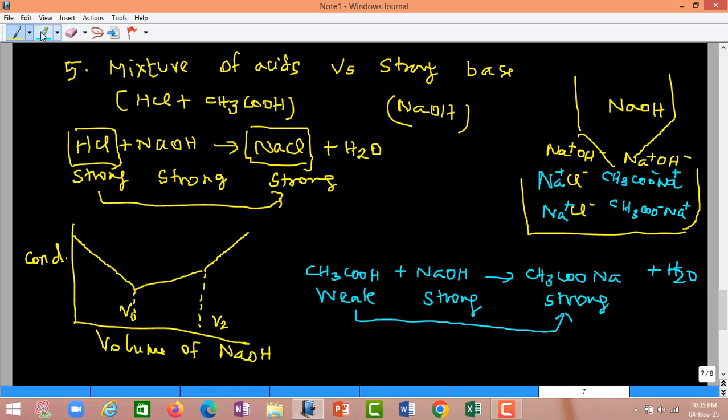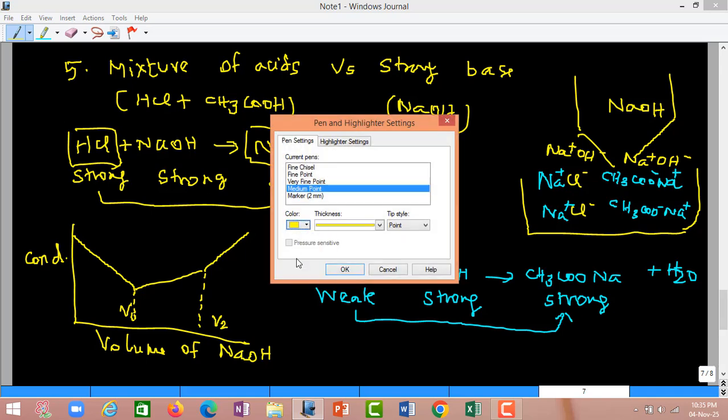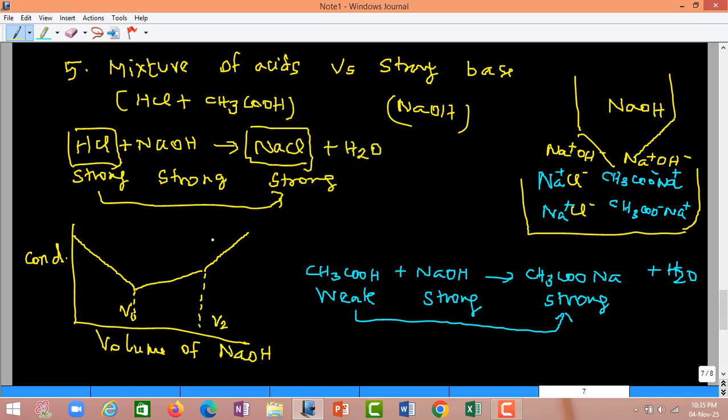Now we will mark the reasons for the changes in slopes which we have already discussed. The slope first decreases because the faster H plus is replaced by slower Na plus. The next change in slope is due to conversion of the weaker acetic acid to stronger sodium acetate.